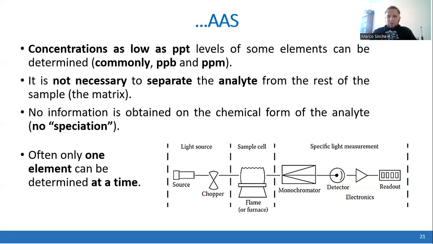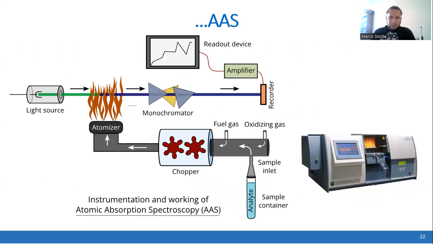And most equipment works with one element at a time, because it is necessary to vary the wavelength of the light source each time the measurement occurs. There's an explanation of the systems of AAS, in which the sample is moved to a chopper and then put in the atomizer, which produces atoms of the material.